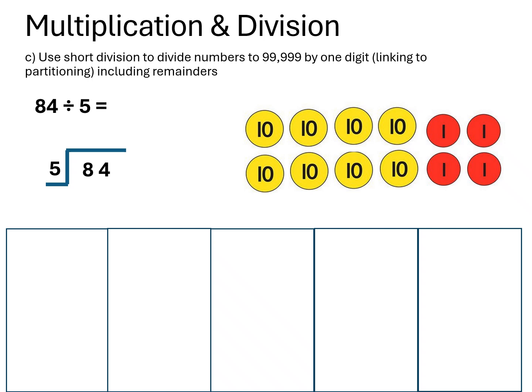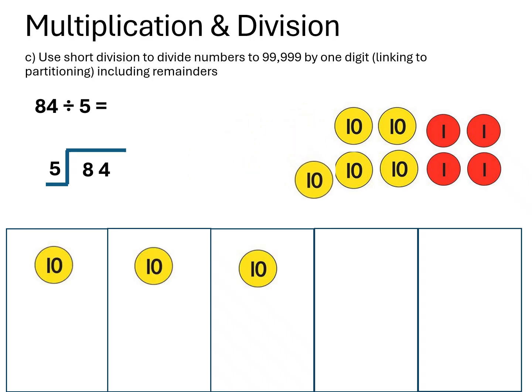So if we were to model this through with place value counters, here what we've done is partition the number into 80 and 4. We're dividing by 5, sharing out that number into 5 pieces. So we're going to divvy up as many 10s as we can first.